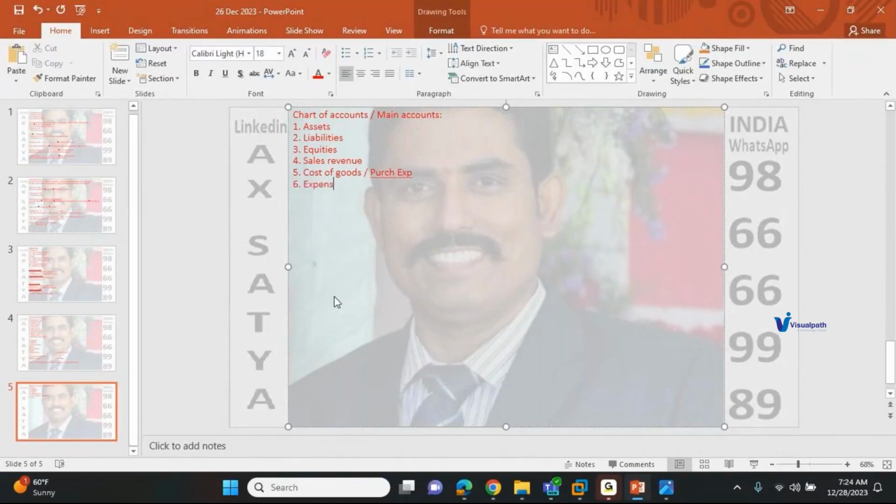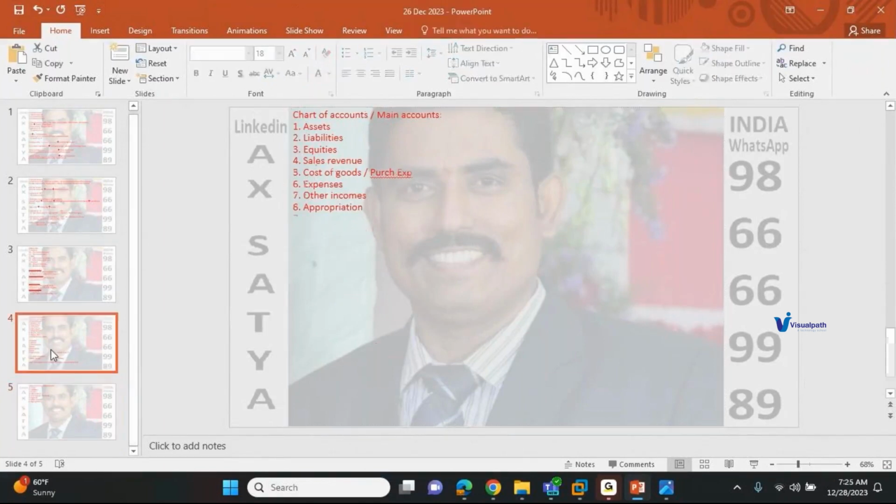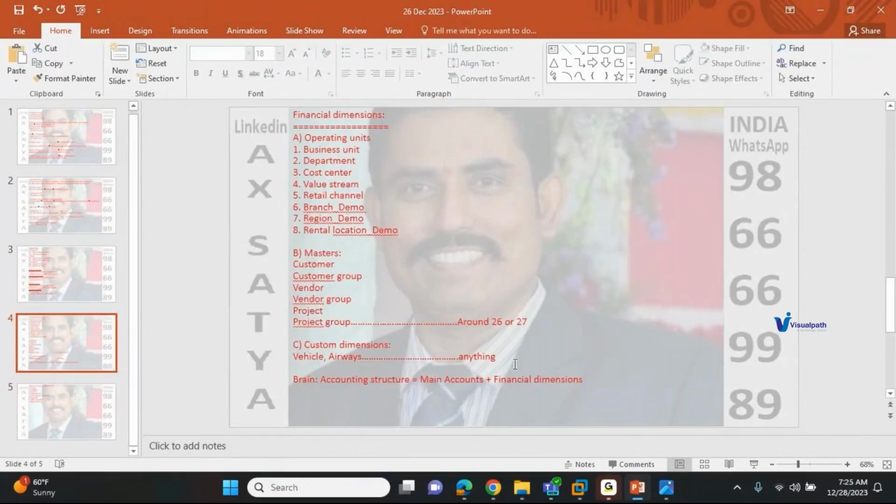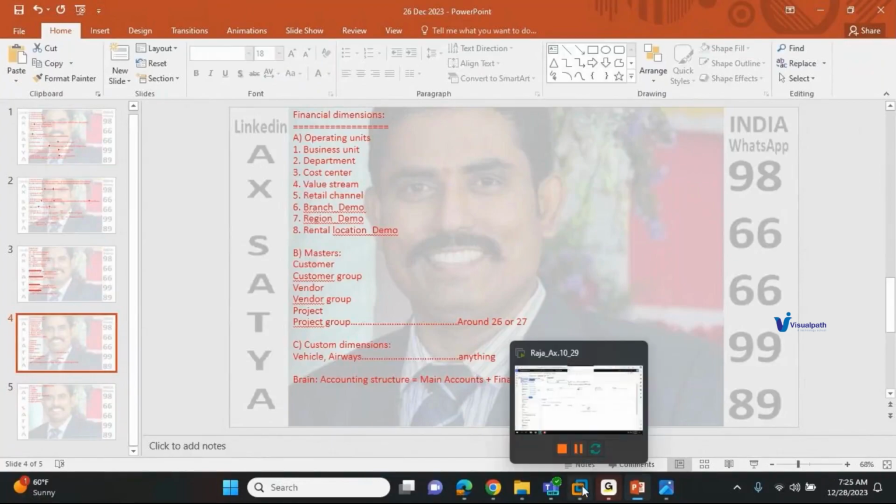Then fixed expenses, seven other incomes, eight appropriation. Okay, this chart of accounts plus financial dimensions you need to create in the accounting structure.